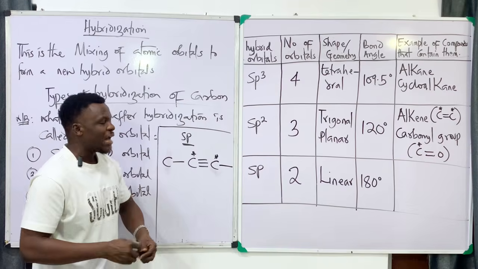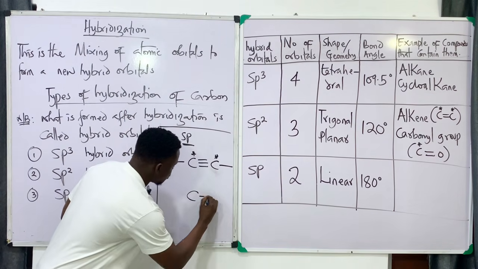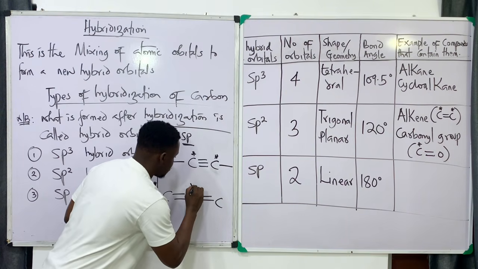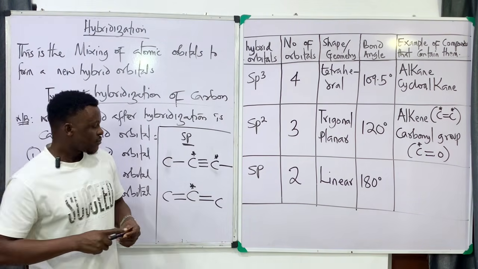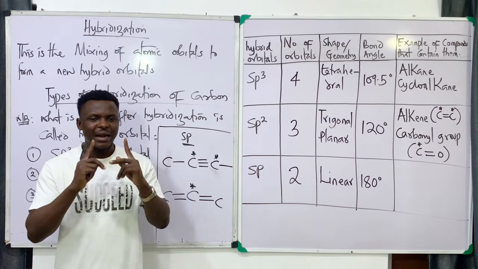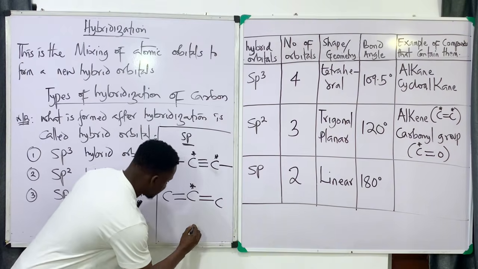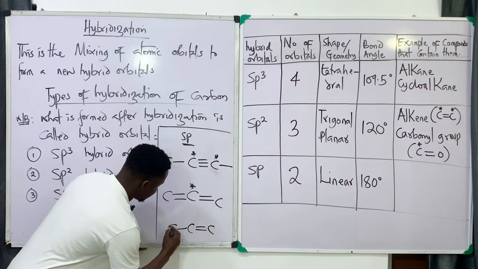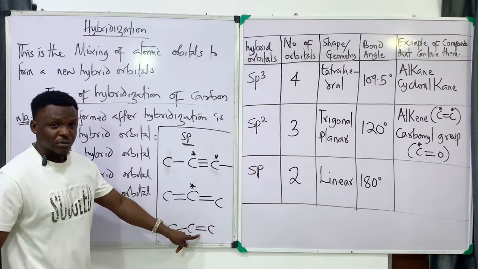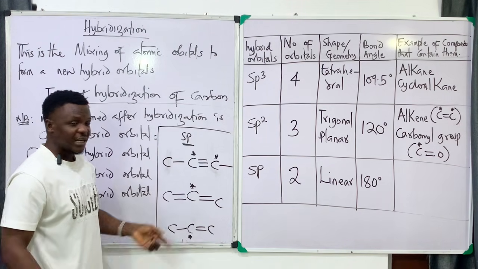Another example of sp hybridized carbon is when a single carbon has two double bonds. Class, when a single carbon has two double bonds attached to it directly, that carbon becomes sp. Now this is not the same thing as saying this. This carbon here is only attached to a double bond, but in this case we have two double bonds, one on one side, one on the left hand side.